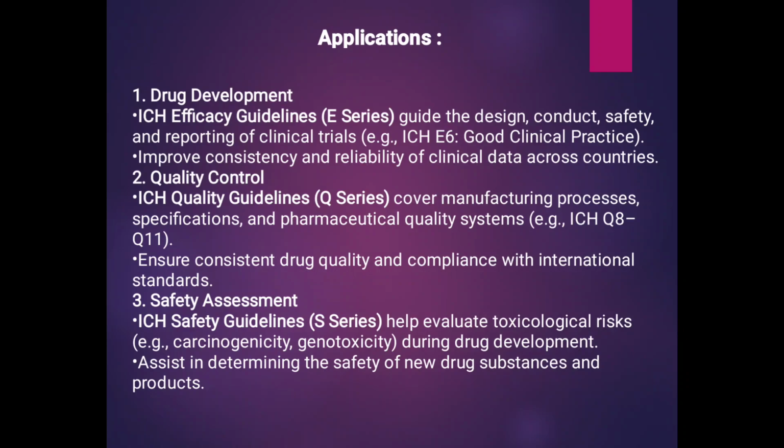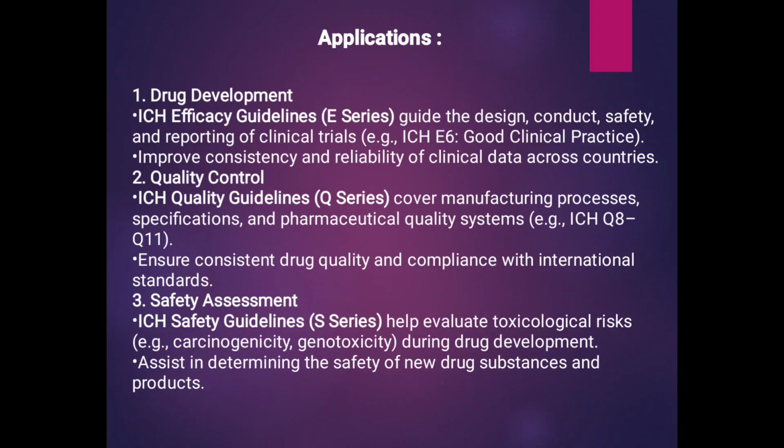ICH efficacy guidelines: the E series guides the design, conduct, safety, and reporting of clinical trials. Good clinical practice improves the consistency and reliability of clinical data across countries. Quality control: the Q series covers the manufacturing process, specification, and pharmaceutical quality system, ensuring consistent drug quality and compliance with international standards.